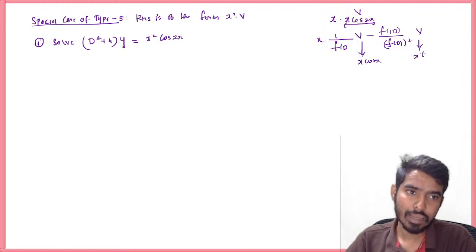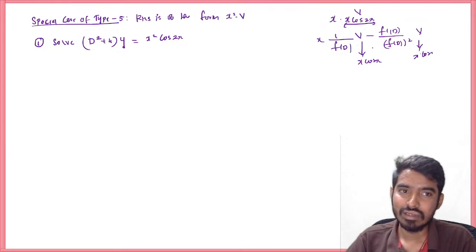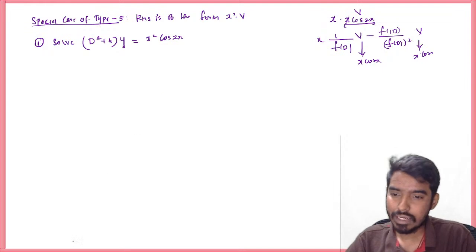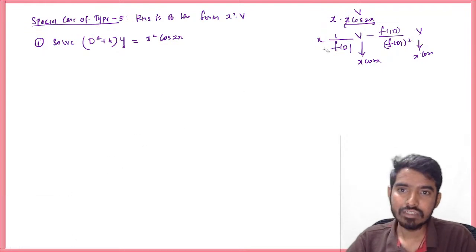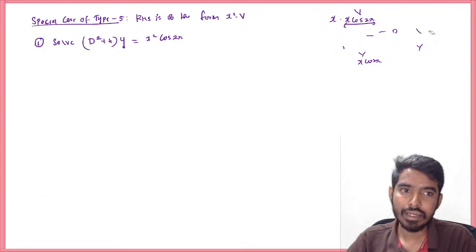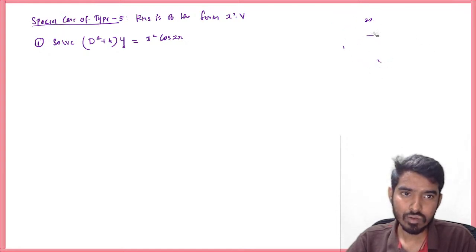Now again you have to apply the formula. That will take so much time, right? You have to apply the formula twice if you do it by that method. But I'll give you a shortcut. If you have x square into B, how do we do it? We will do it by some other method.